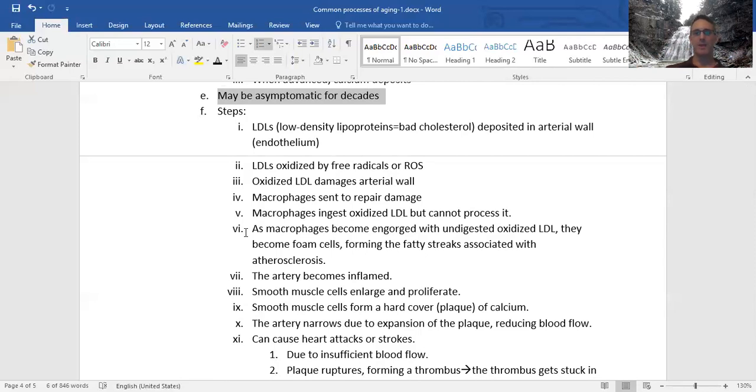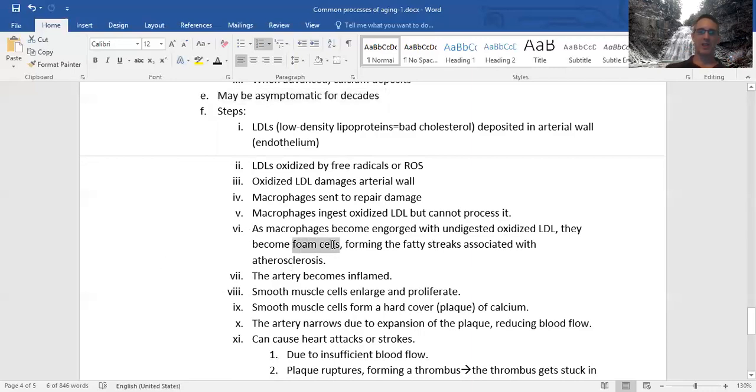Here's the problem. The macrophages can't get rid of the oxidized LDL. They can ingest it, but when they go to lyse it or get rid of it and break it down, they can't do that. And so these macrophages start to fill up with oxidized LDL and become what we call foam cells.